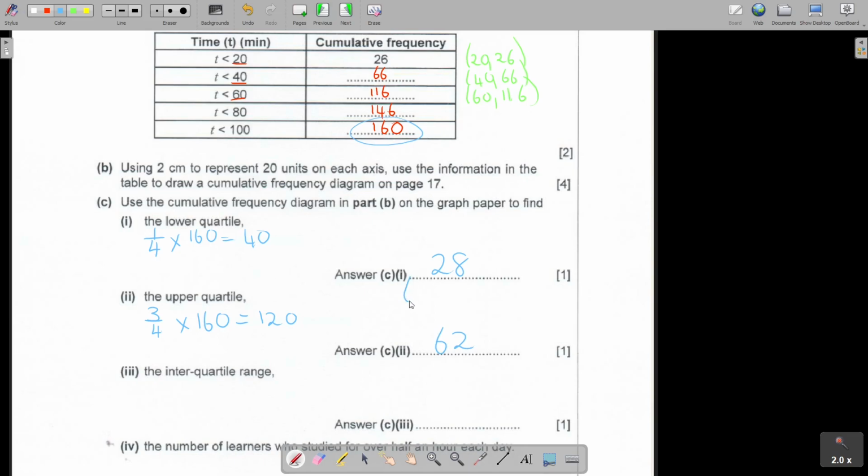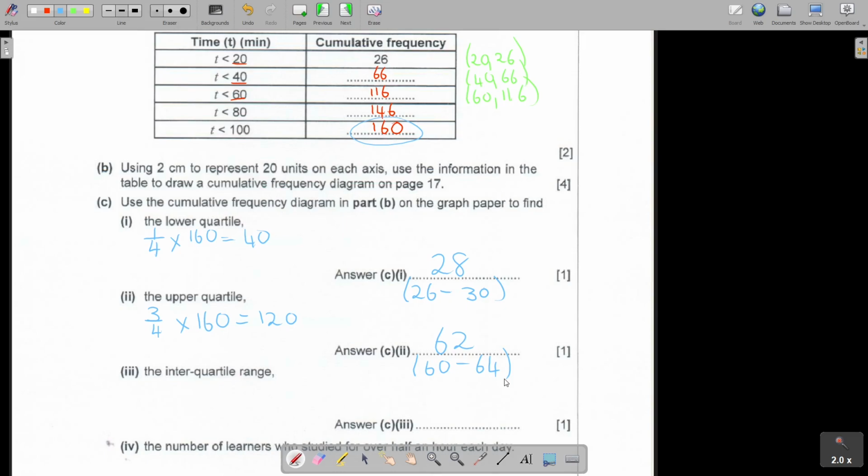Now I'll tell you the ranges they gave. They look at your graph, and if you were between 26 and 30, any of those numbers, 26, 27, 28, 29, 30, then you were correct. If you're between 60 and 64, then you were correct.